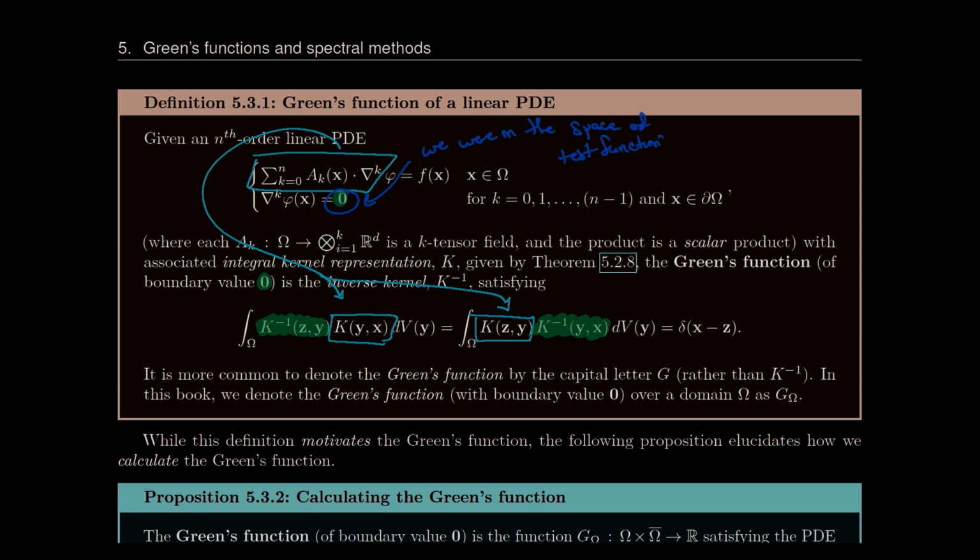Recall the space of test functions as the natural space in which this Dirac delta function is defined. That was in the last video. We just say that it's the Green's function of boundary value 0 because we're sitting inside of this space where necessarily all of our functions have 0 boundary values. The Green's function is this inverse, k inverse, whatever that function of two variables. They may be higher dimensional variables, right?